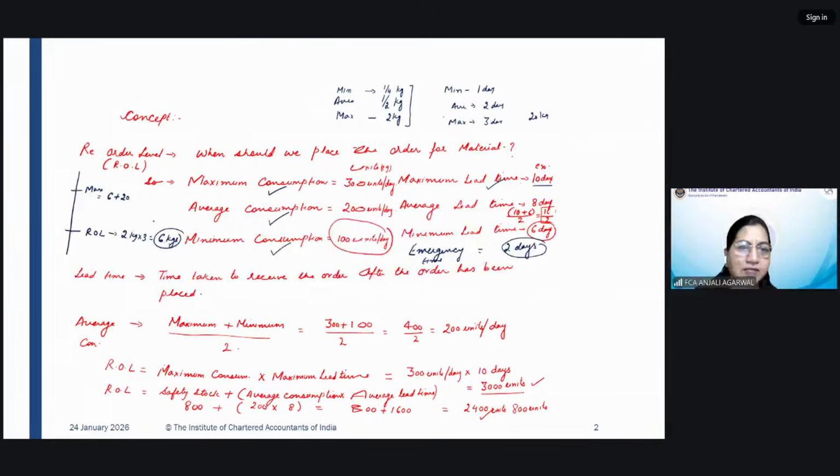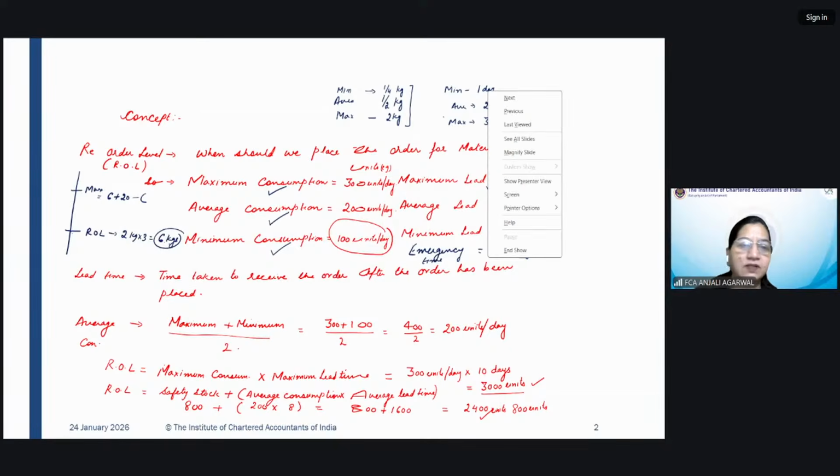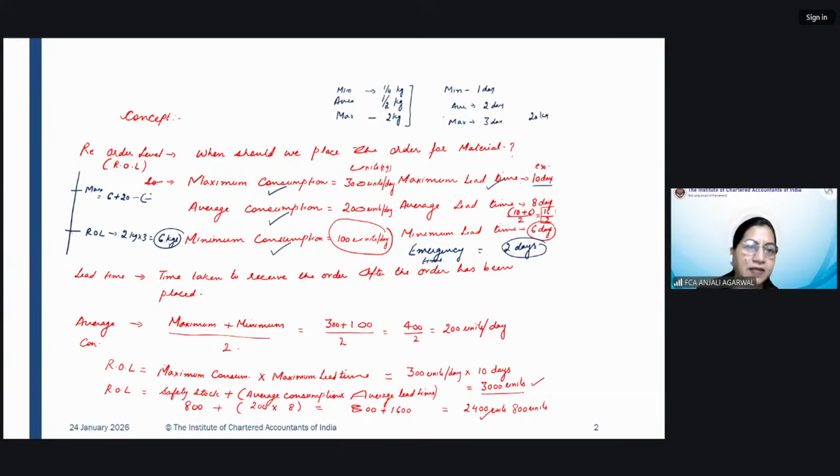So when you had 6 kgs, you placed the order, you received it immediately, then the maximum level would be 26. However, you're not going to receive it immediately. It will take some time. So it will take a minimum of 1 day, and minimum you will consume 1 by 4 kgs in that day. So 1 by 4 into 1. So 25.75 kgs can be your maximum level.